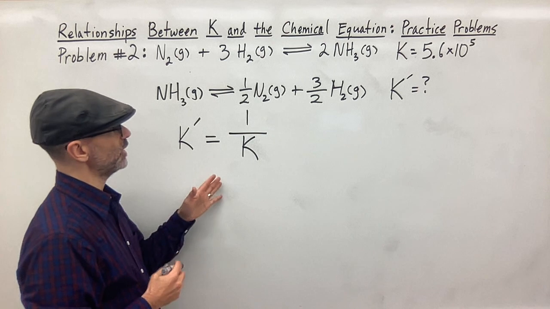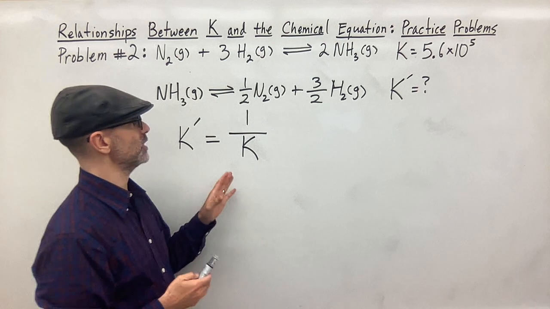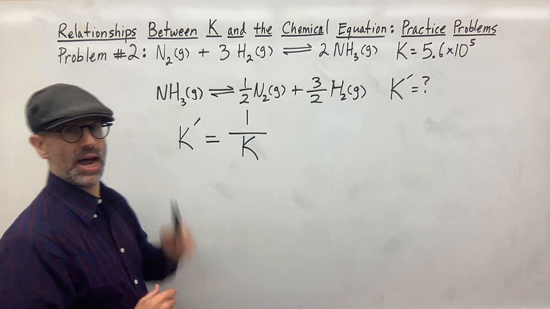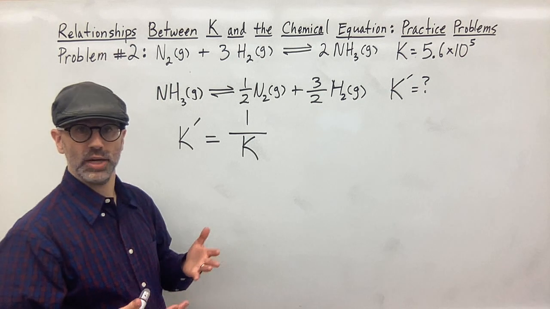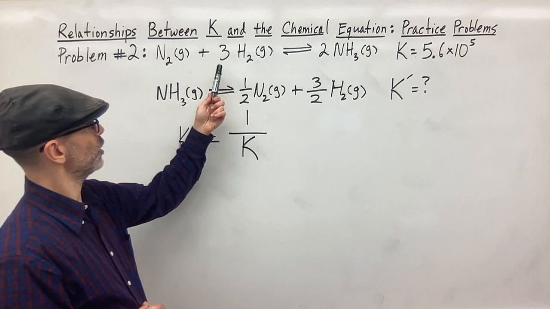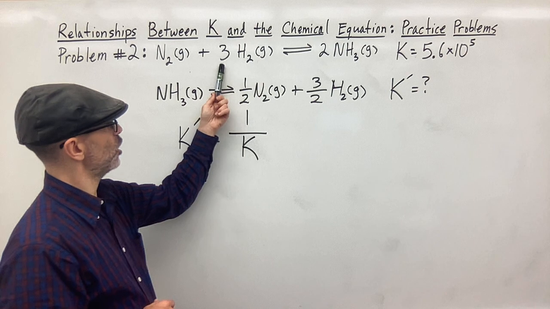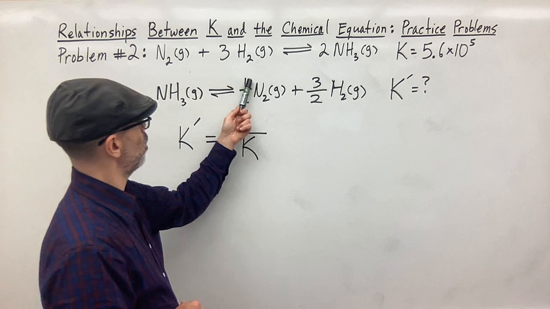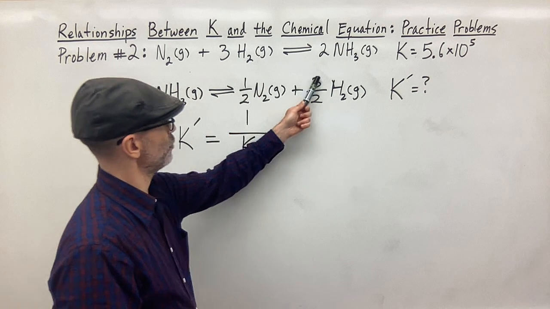But we're not done yet, because the other thing we notice is that for your nitrogen you have 1, and for your hydrogen you have a coefficient of 3. But here we have 1/2 and 3/2.